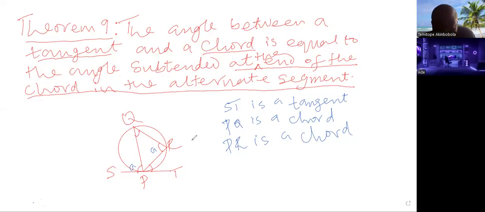Okay. So this means that I can say that angle QPS equals angle PRQ equals A. Why is it so?